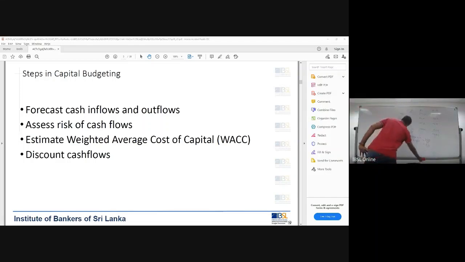Now, if this was your equity, these were your debentures. You had the long-term loans, short-term loans, showing at rates of 10%, 5%, 20%.